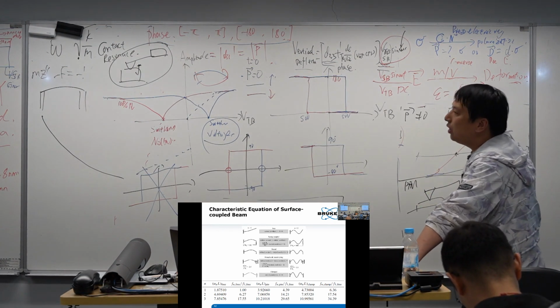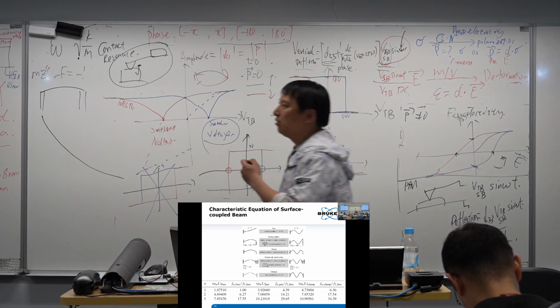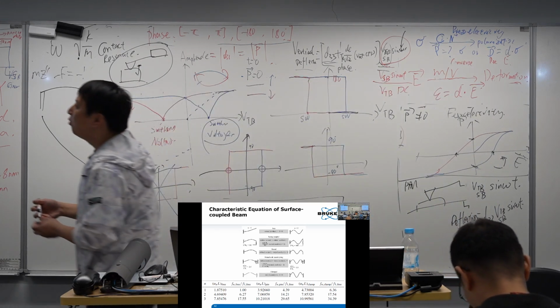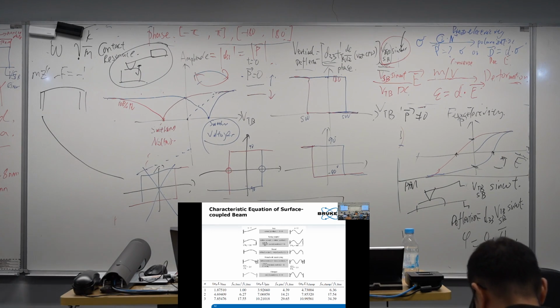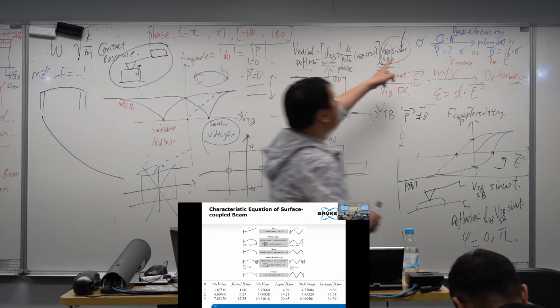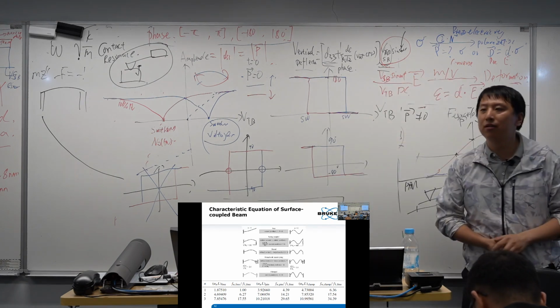So if our signal is quite weak and we want to amplify our signals, we can choose this frequency to be the contact resonance frequency.